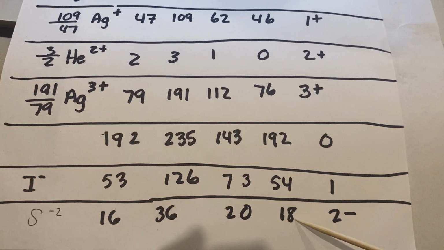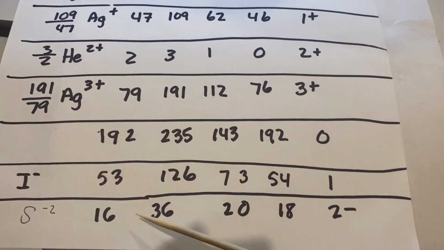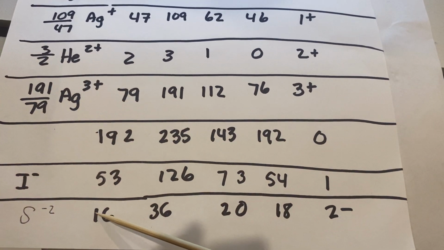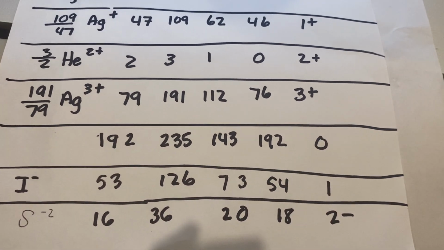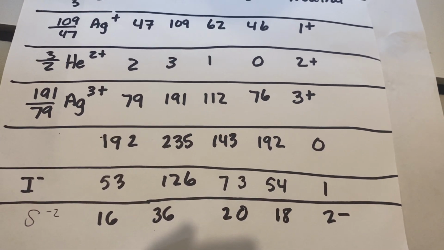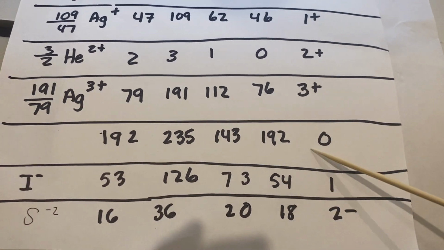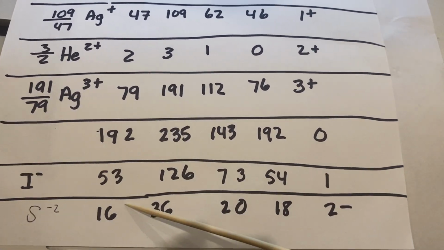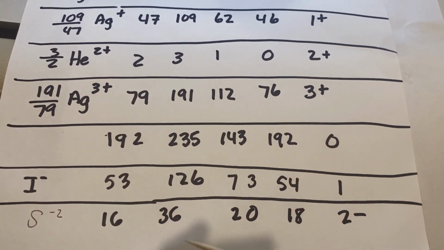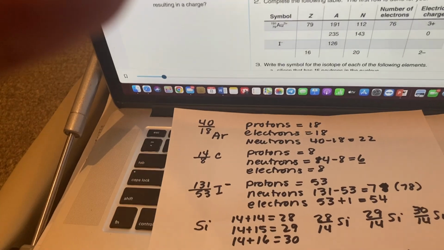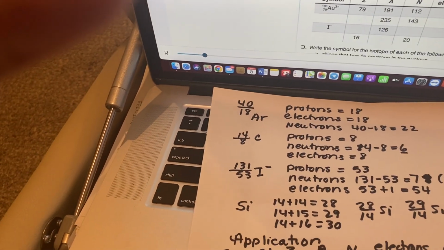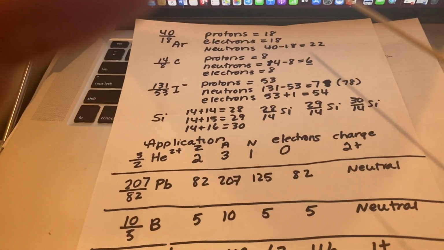And then we have a -2 charge here. So basically this -2 charge will have 18 electrons instead of 16, which gives it a -2. So that's kind of hard because it basically says here, and these are the problems in your book. But anyway, to figure it out, you have to look at the periodic table.